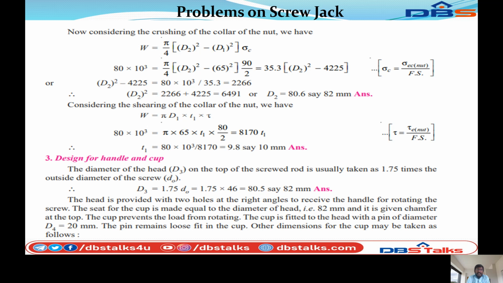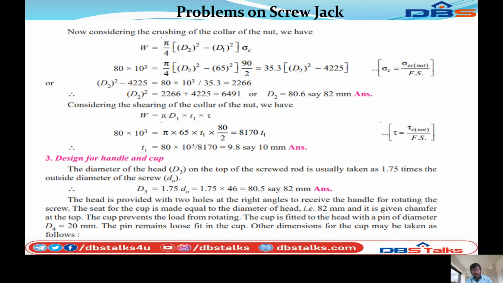So next we can calculate considering the shear of the collar of the nut. We have W equal to pi into d1 into t1 into tau. So substituting the values, W is 80 into 10 cube, pi, d1 is 65, into t1, which we are calculating, into tau. Since tau is equal to tau E nut by Fs, the factor of safety, tau E nut is already given in the problem.